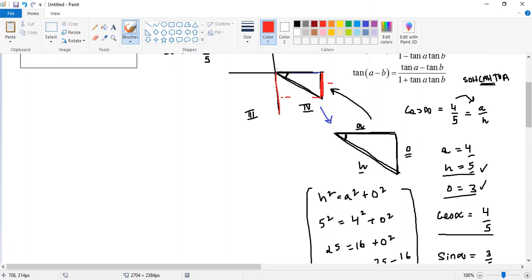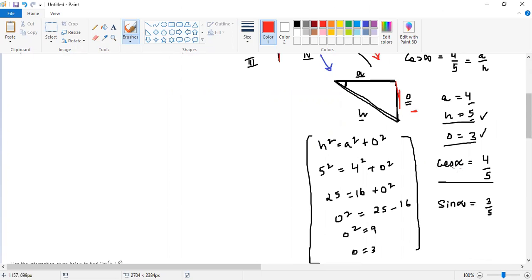The y value in the fourth quadrant is negative, which means that since this triangle is essentially the same thing as this triangle, this value here, which is just O, is actually negative. Okay, so that's negative 3 over 5. That's pretty important to remember. So our cosine of alpha is 4 over 5, and our sine of alpha is negative 3 over 5.